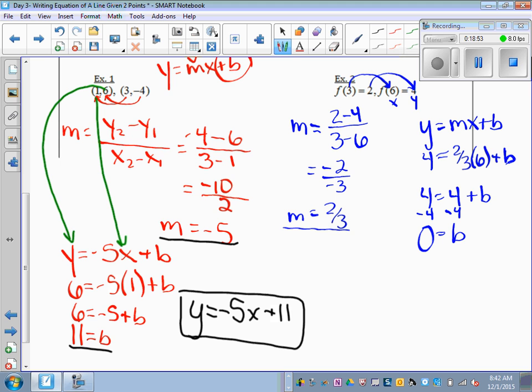Right? 4 minus 4? Alright, so now we have our slope, we have our y-intercept. Let's put it together in our equation. Y equals mx, 2/3 x, plus b, but b is 0, so this is our final answer here: 2/3 x.